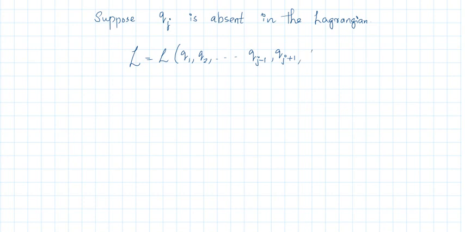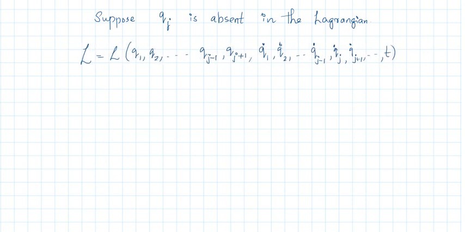And then there is Q1 dot, Q2 dot, etc., Qj minus 1 dot, Qj dot, and Qj plus 1 dot, etc. And there may be dependence on time also in general. So here the coordinate Qj is absent in the Lagrangian. That is why I have written it like this: Qj minus 1, then Qj plus 1. Qj is absent.